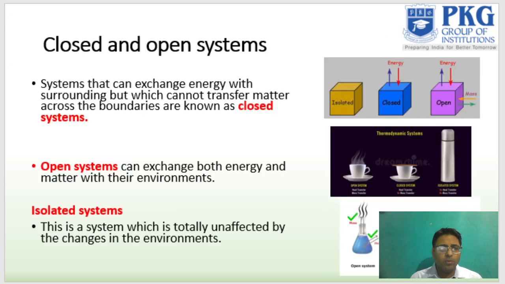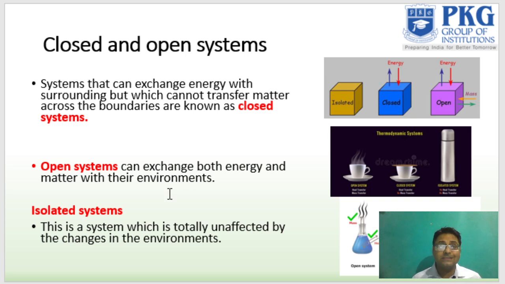Now we will talk about the closed and open system. The system that can exchange energy with surroundings but cannot transfer matter across the boundaries is known as a closed system. As you see in this, no energy transfer is happening.